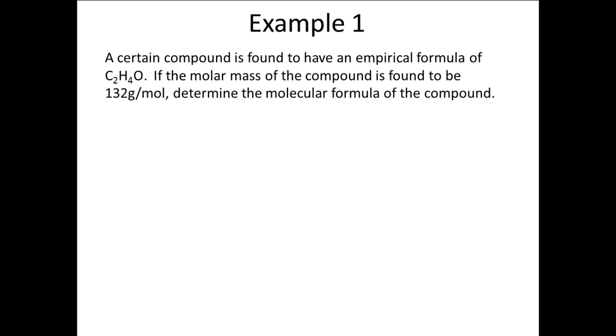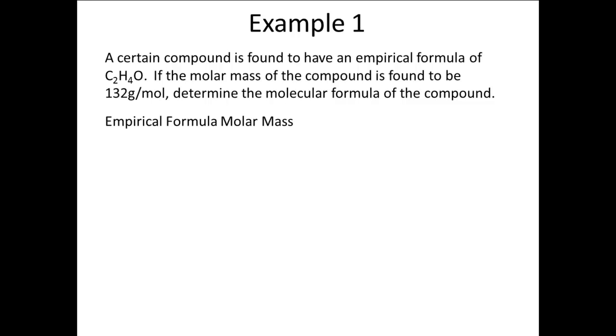Example 1. A certain compound is found to have an empirical formula of C2H4O. If the molar mass of the compound is found to be 132 grams per mole, determine the molecular formula of the compound.